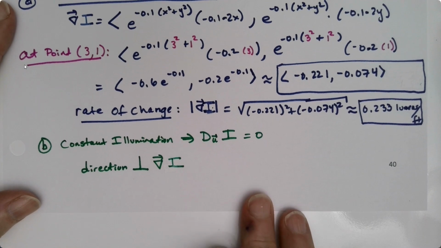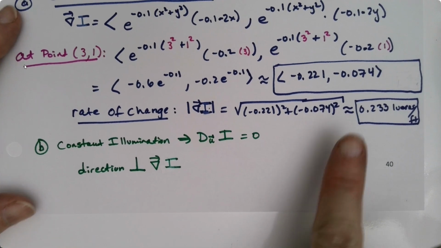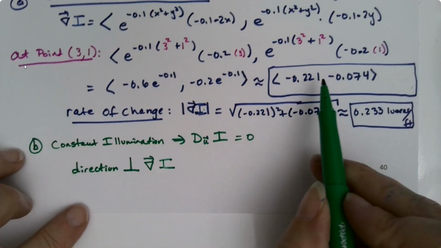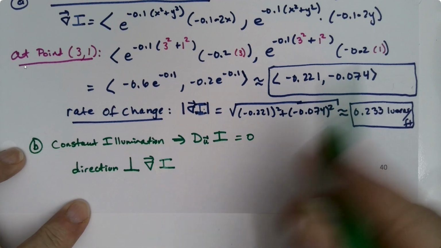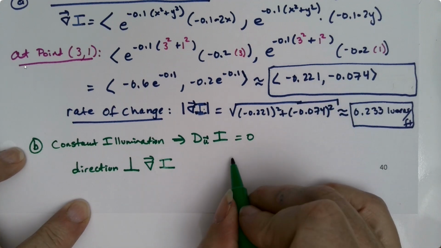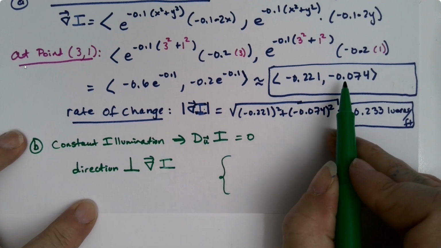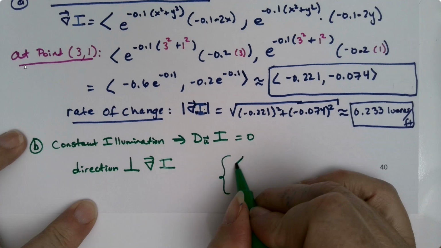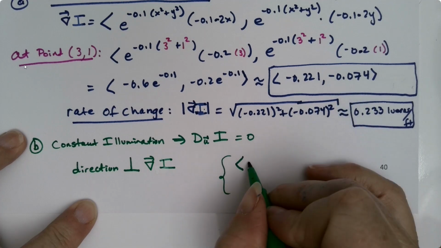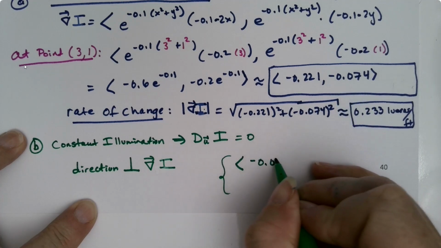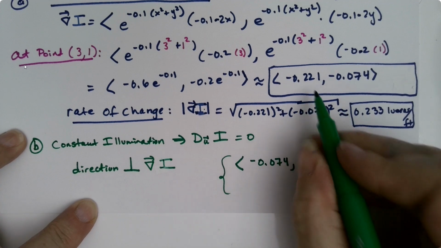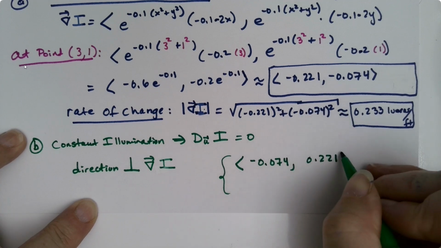Now, when would that occur? Well, we learned this trick back in the day. What you do is you take these two and you flip them, and then you switch the sign. So I start by taking the negative 0.074, and I write it right here, negative 0.074, and then I put the 0.221 in back, but I make it positive.